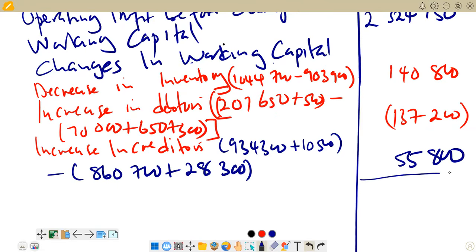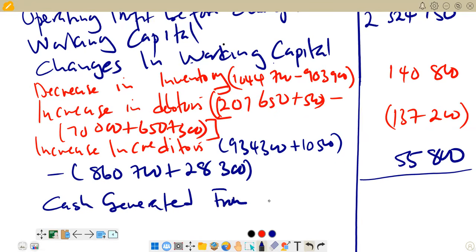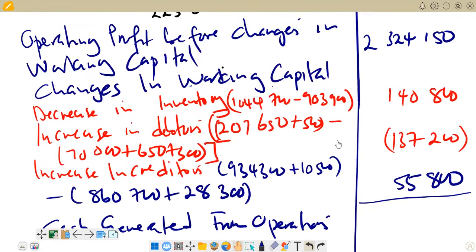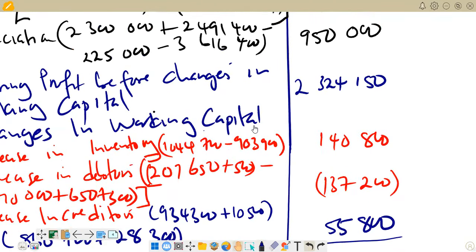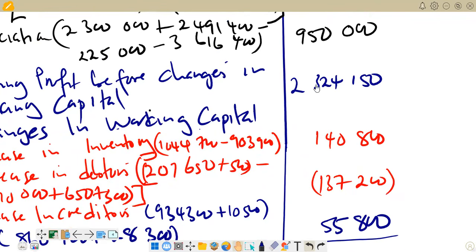So this one is the last adjustment, and then we calculate now cash generated from operations. So basically, what we are going to do to arrive at that figure, we have got operating profit before changes in working capital, 2,324,150.